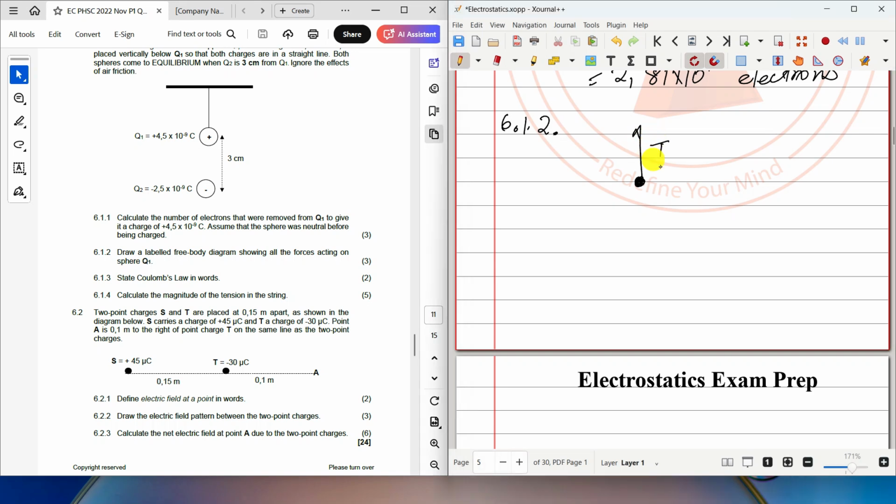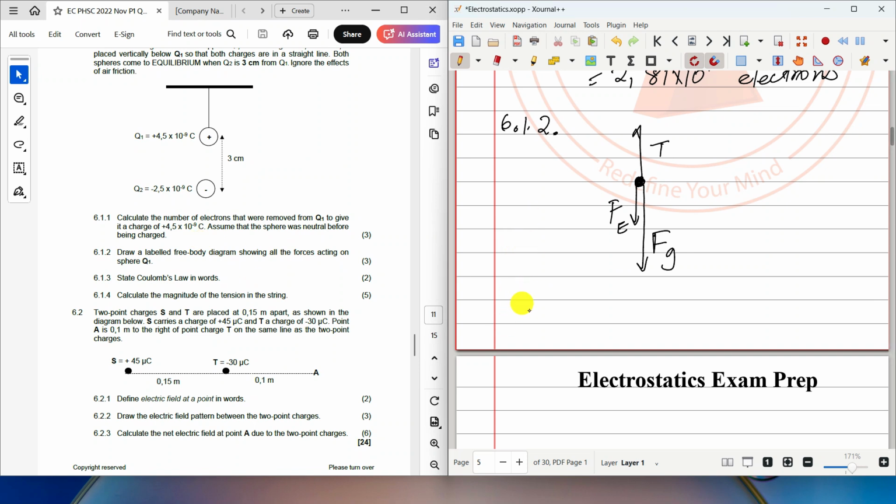And then it has electrostatic force. Because it's a force of attraction, the electrostatic force will be going downwards. And then it has gravity as well. So here is gravity, the weight, isn't it? So our 3 marks are like this. So we are good.